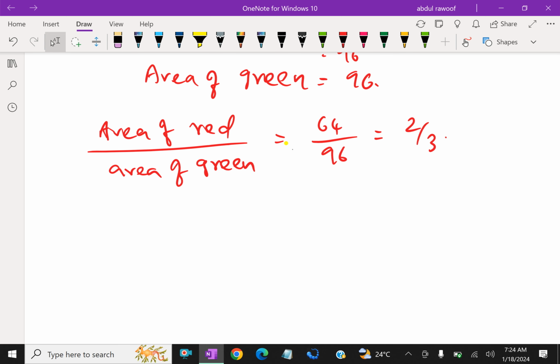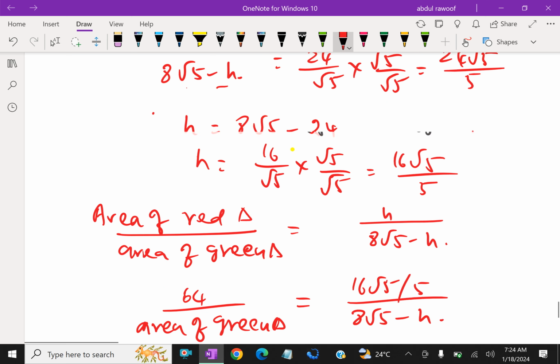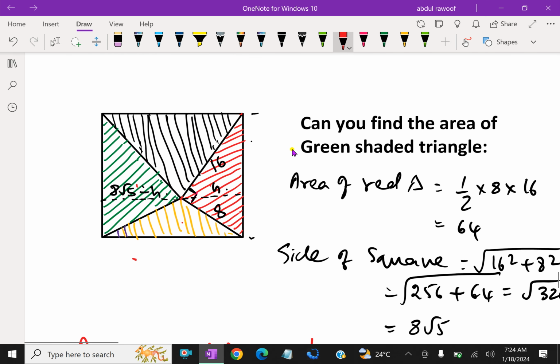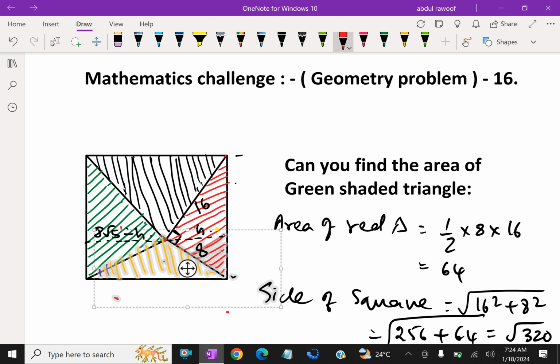So far we discussed a nice problem. In that, look at here, a full square is given. Take any point inside the square and draw the triangles.